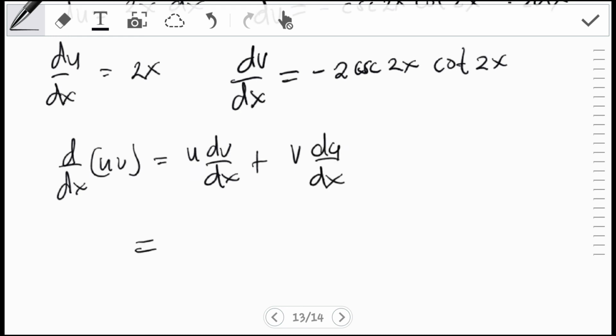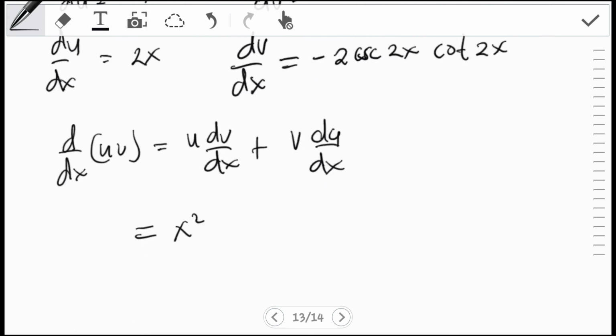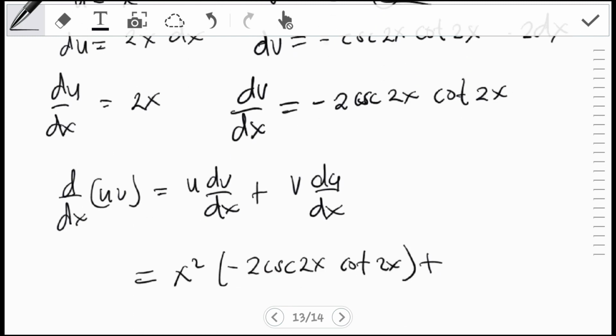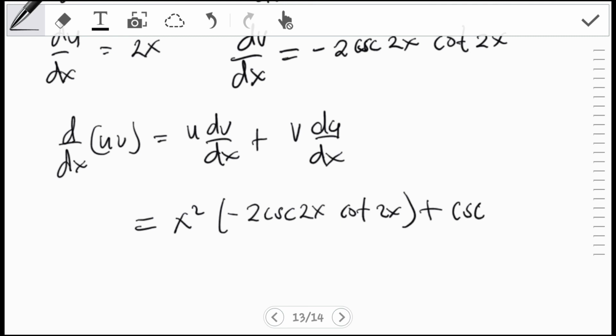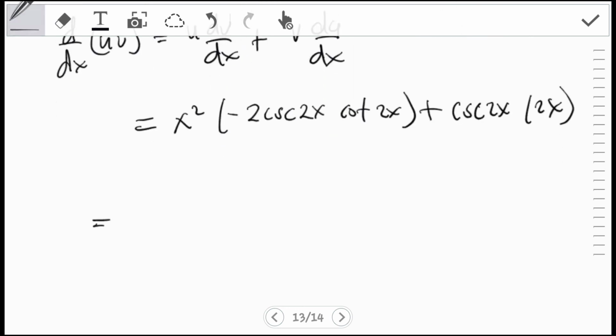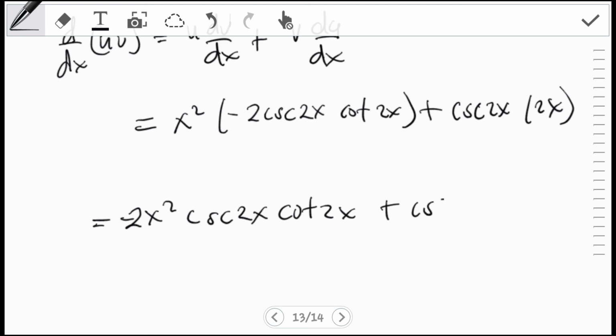So where u here is x squared times negative 2 cosecant 2x cotangent 2x, then plus v is cosecant 2x times 2x, okay, negative 2x squared, then cosecant 2x, then cotangent 2x plus cosecant 2x times 2x.